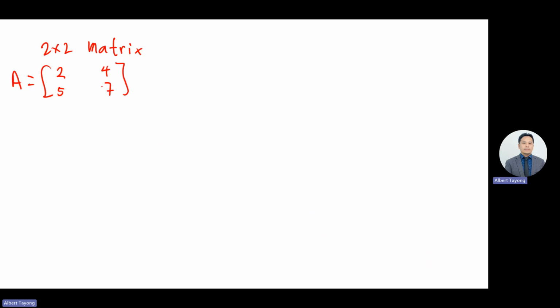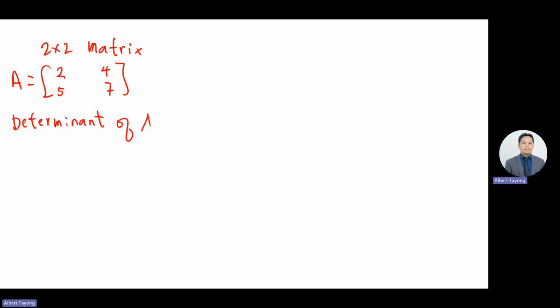So this is our matrix. The first step is to find the determinant. The determinant is the number we're going to use to conduct the scalar multiplication later.